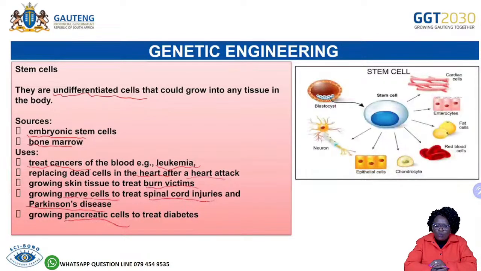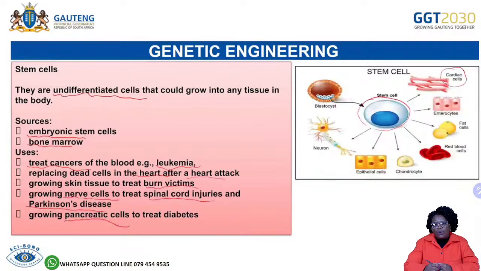I just want us to look at some of the examples of cells that can be manipulated to form after we have stem cells. So you can see we've got stem cells, and stem cells can be manipulated. Remember, they are undifferentiated. They can be manipulated to form cardiac cells.